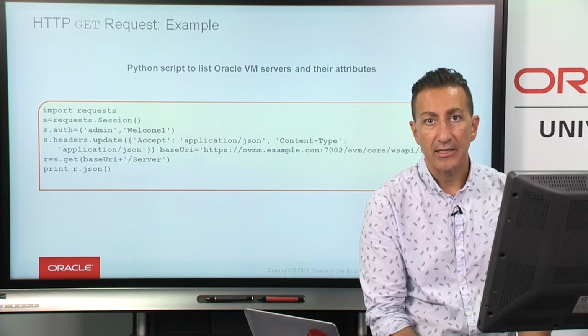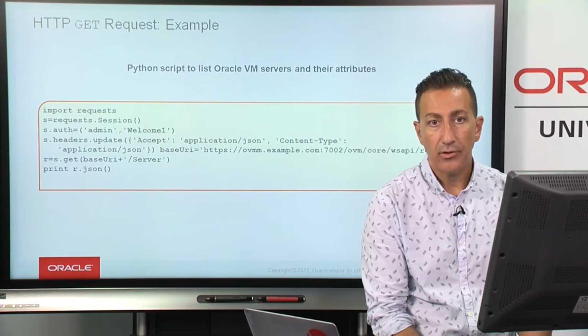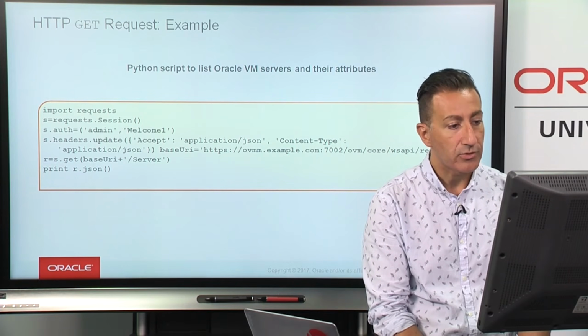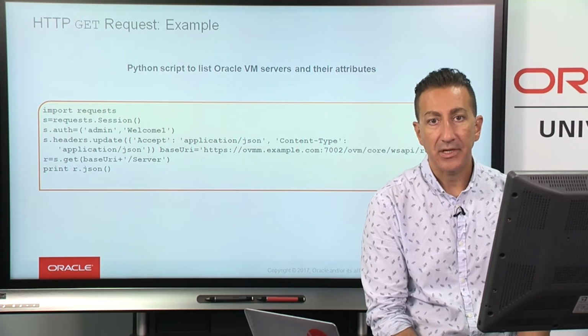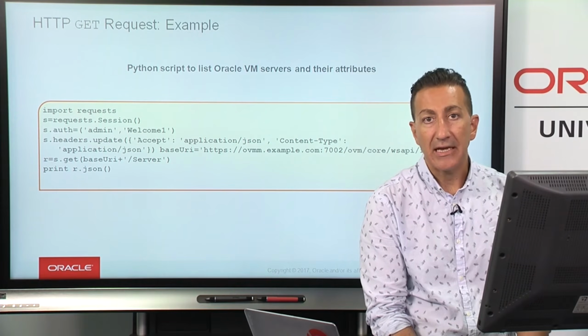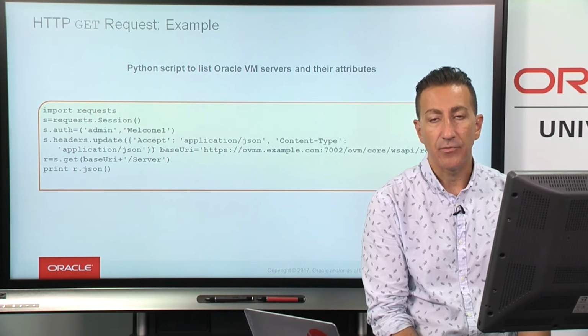And after that, for the session, we update the headers. You see the session is an object that contains headers, and also a body, for example, and so on. With the headers, we say that we accept this format, application/JSON, and this is the same for the content type. Because it's a GET request for getting information, it's a query, the output sent by the server is in JSON format.